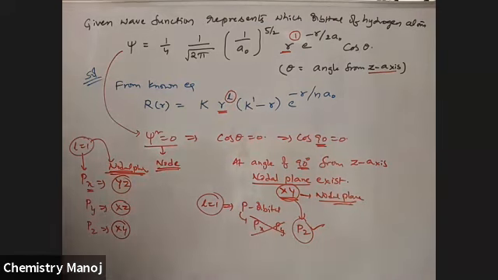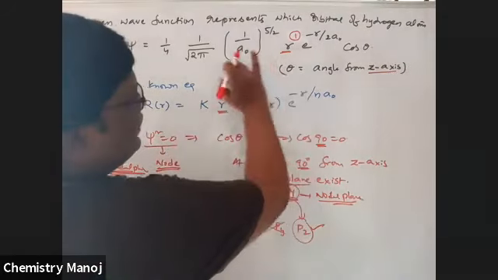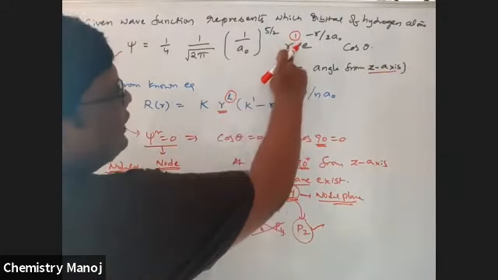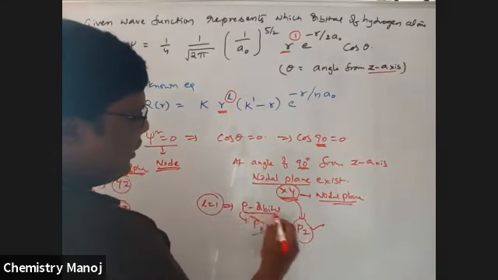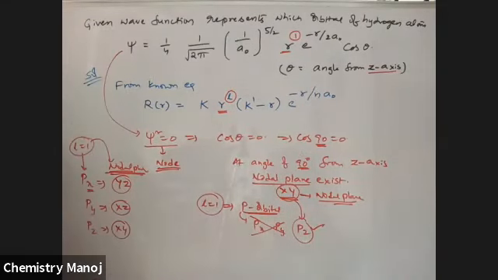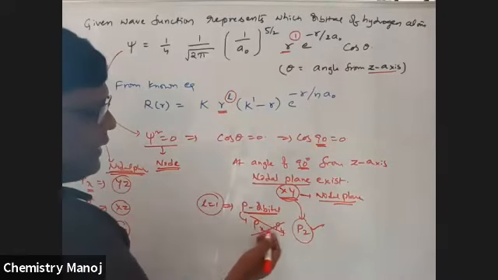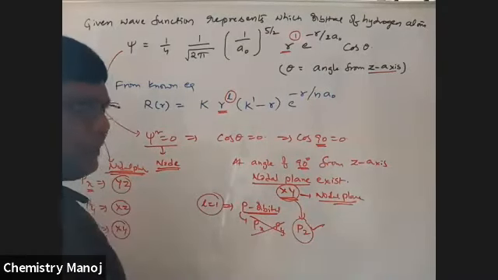Once again, I'm giving some information about this nodal plane. By comparing this equation with that equation, r power l is r power 1. Therefore, l is equal to 1, which is only for p orbital. P orbital may be px, py or pz.